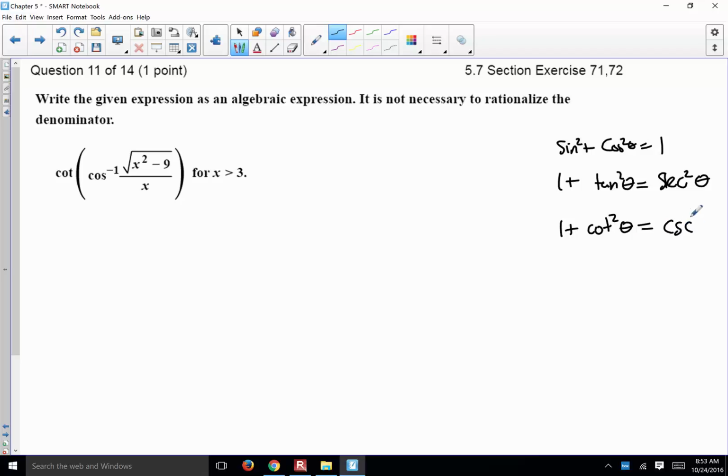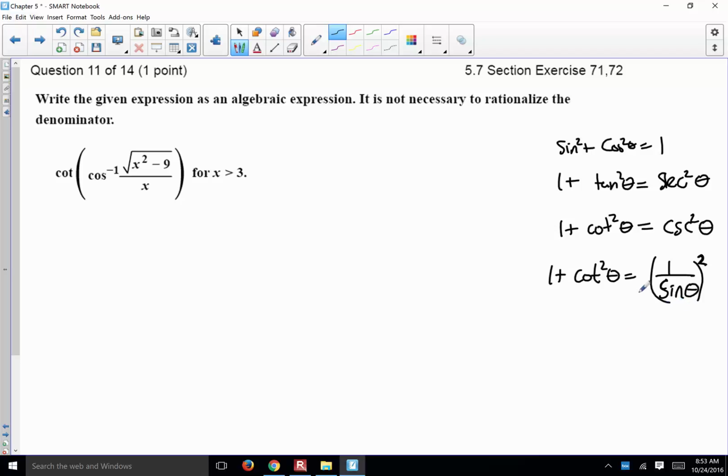Cosecant squared theta. Or better, this is 1 over sine, right? Cosecant, sine. Yeah. Okay, still not easier. I was hoping this one is gonna be easy, but not much.